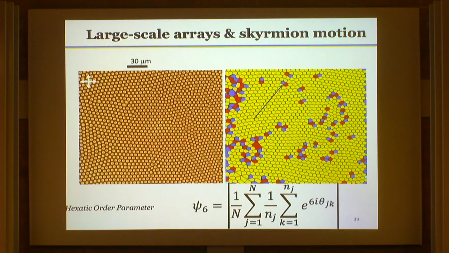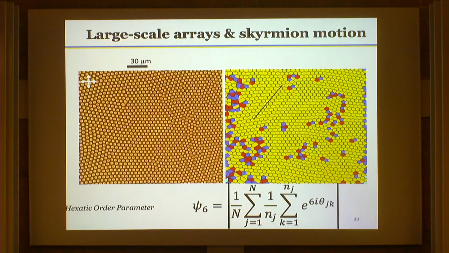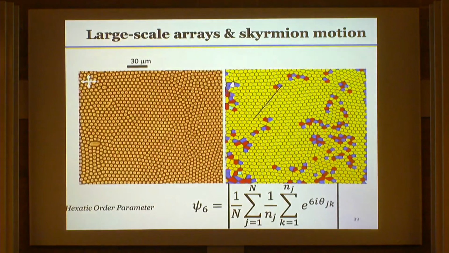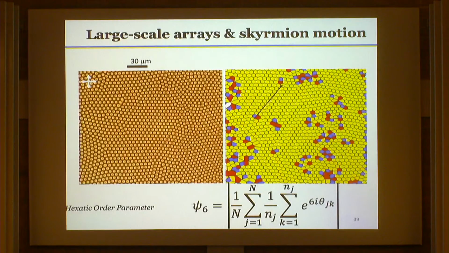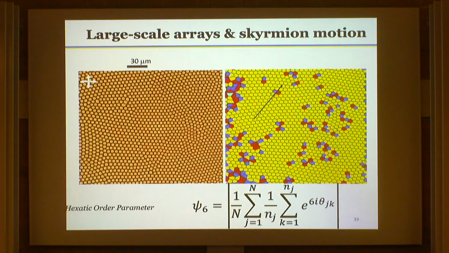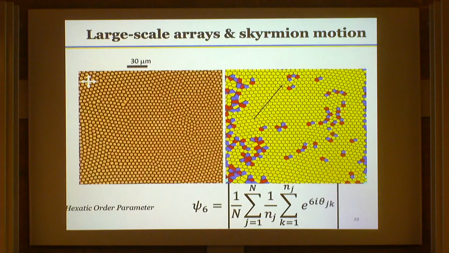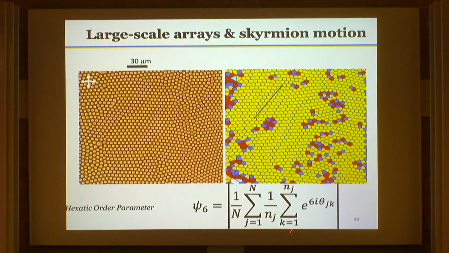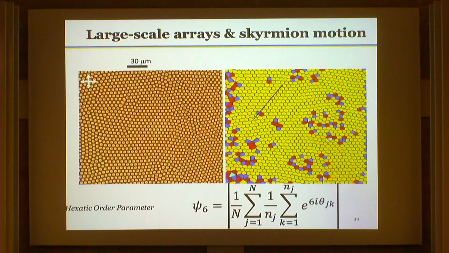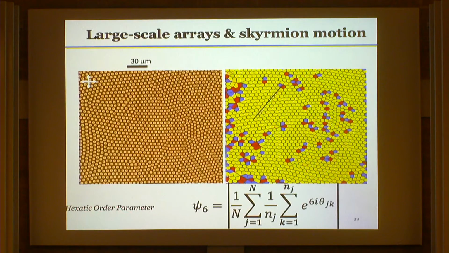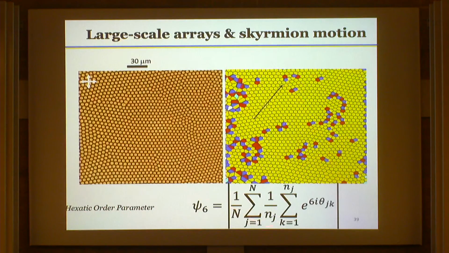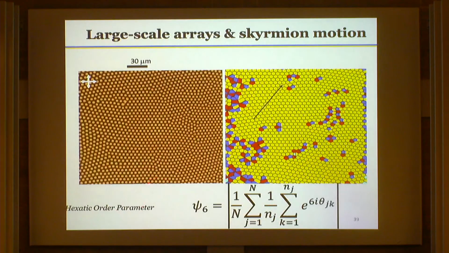And so when we see such moving structures of skyrmions on a large scale, it's very interesting to look at the long-range organization of such skyrmionic structures, which we can characterize by the hexatic order parameter, defined in this form.